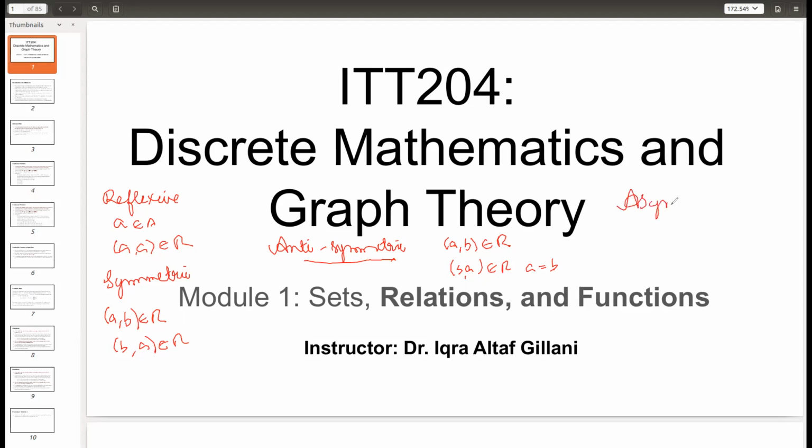Can anyone recall? One we saw is symmetric, the other is anti-symmetric, wherein the two values should be equal, and only then are the inverse pairs allowed. And then what is asymmetric? Anyone recall?